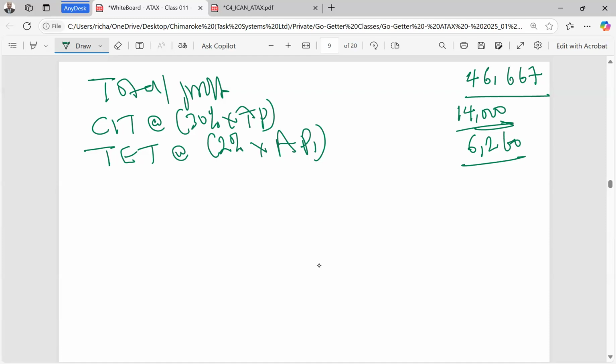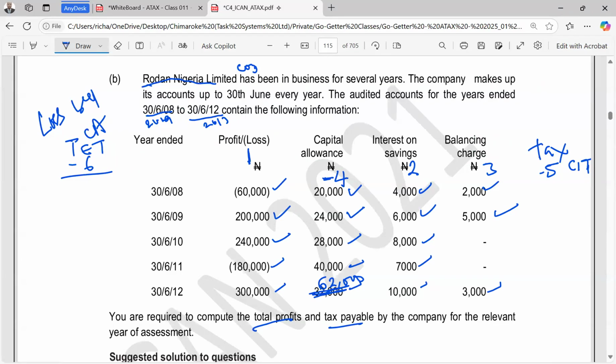Note here that I have changed this last part of the question by making the capital allowance 62 instead of 32 so that we can learn how restriction on capital allowance works. Otherwise, this particular question, you will not be needing to do restriction on it.